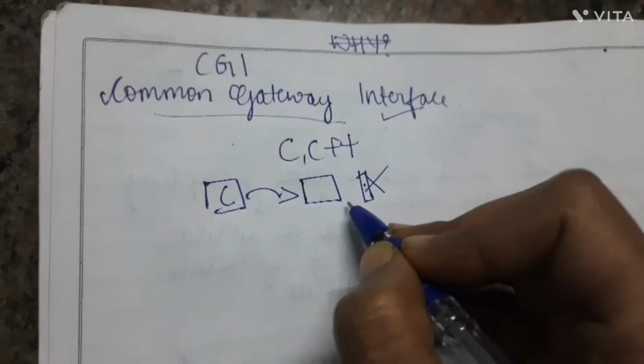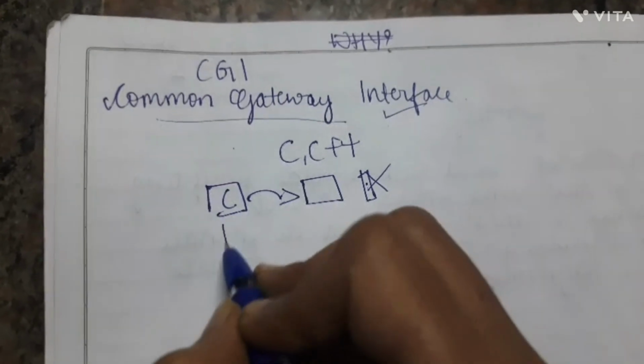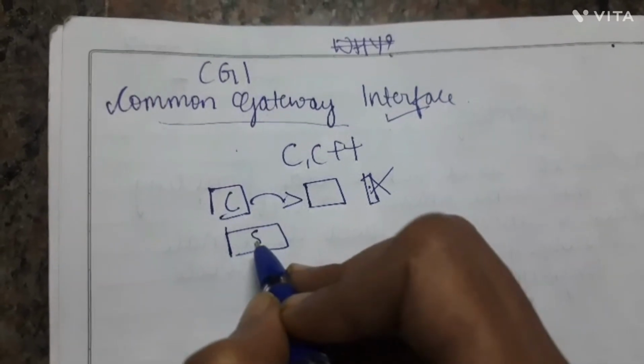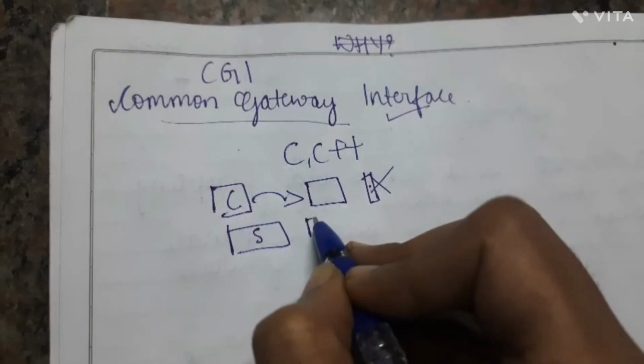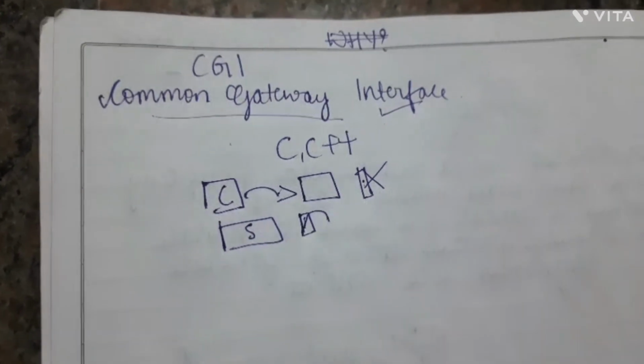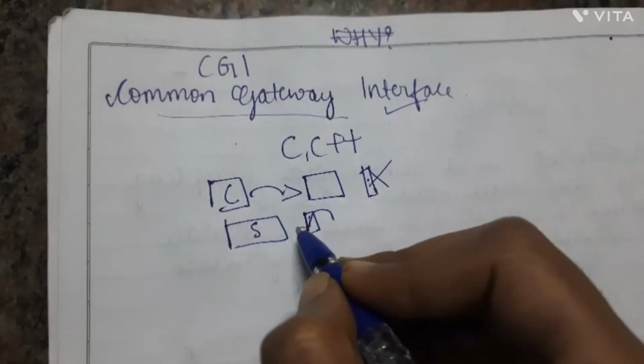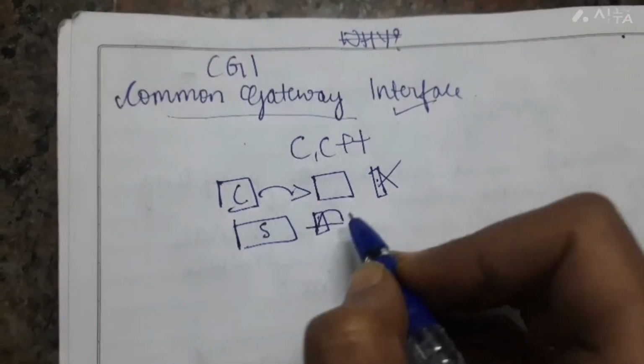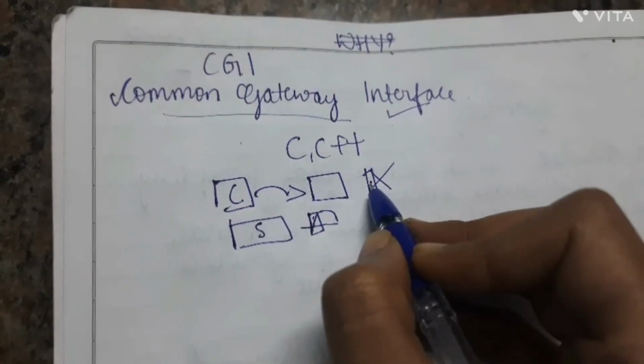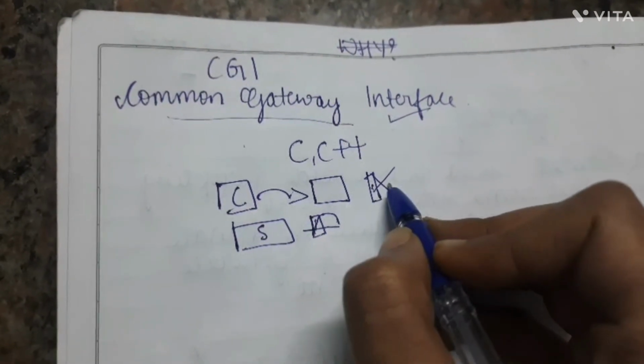It is very slow and not scalable. But in Java servlets, the servlet can create one process and perform multiple tasks upon the same process and then destroy it. But that is not the case in CGI. That is why it is slow and not scalable.